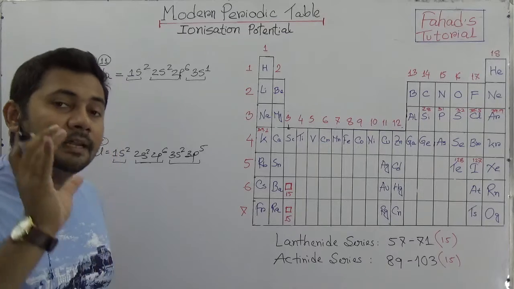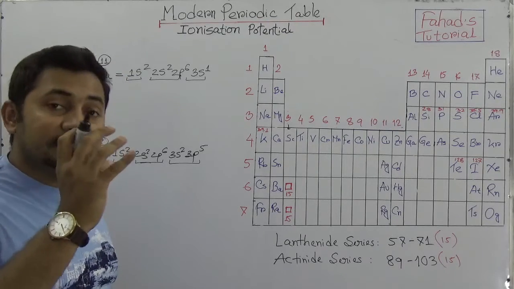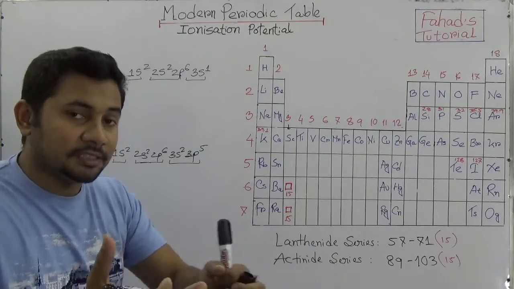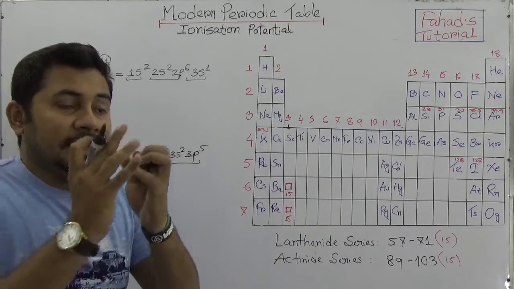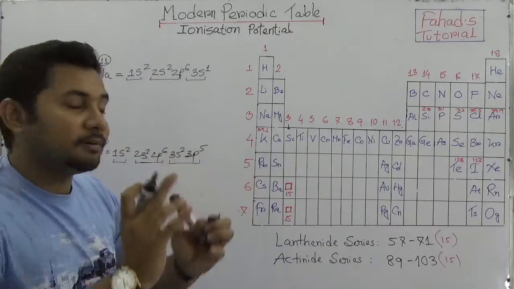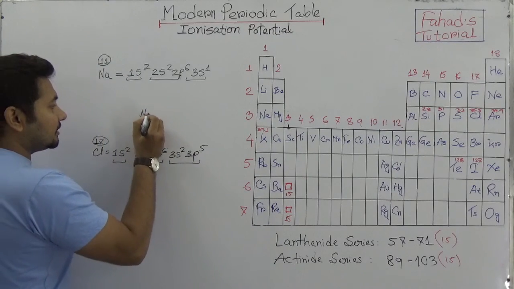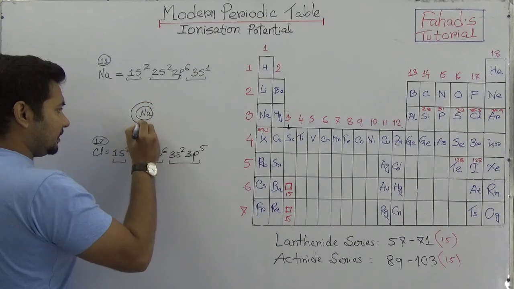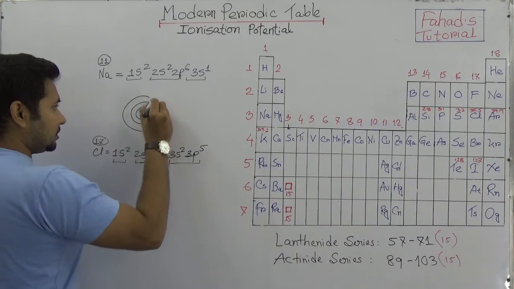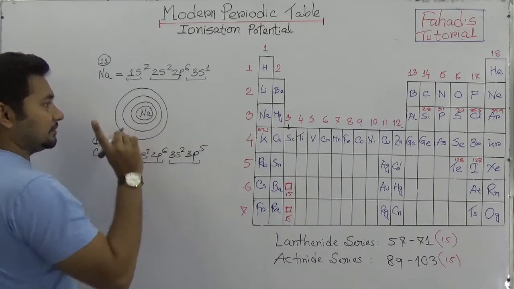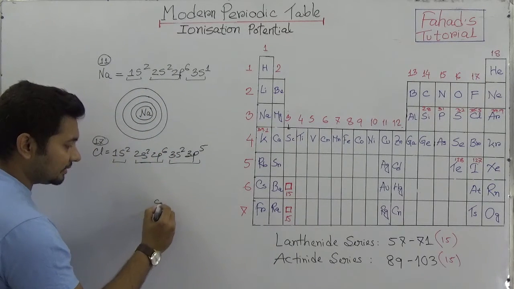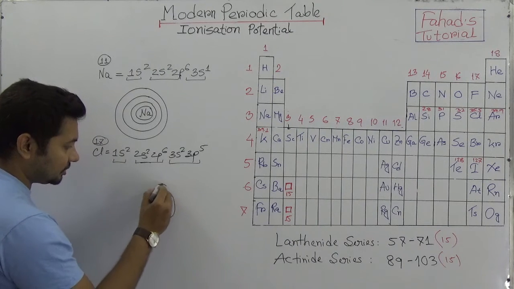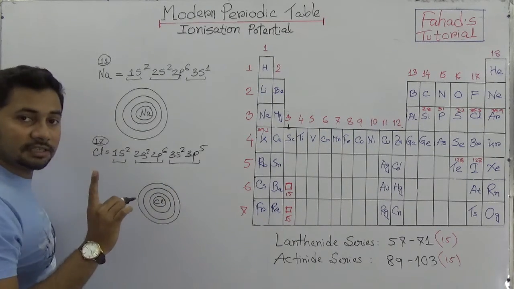Now why will the ionization energy vary, and what is ionization energy? I'm coming up with the definition, but before that I'm giving you the idea of how to think about it. Suppose this is sodium, this is the nucleus, this is the first shell, the second shell, and the third shell. Similarly in chlorine, this is the nucleus, first shell, second shell, and third shell.